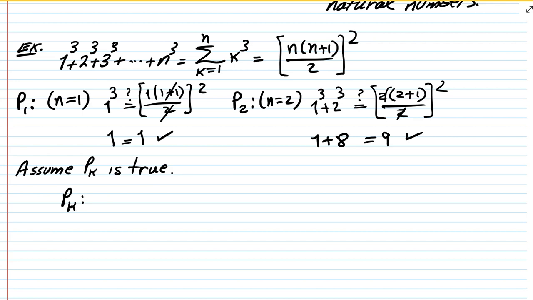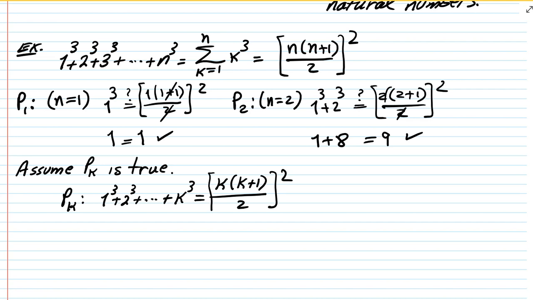That means 1 cubed plus 2 cubed, all the way up, changing n to k, to k cubed, is equal to k times k plus 1 divided by 2, quantity squared. All right, so this is the only thing we can assume is true. And here's the challenging part. Show P sub k plus 1 is also true.